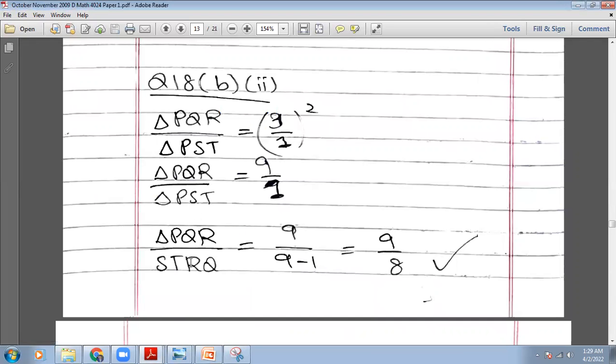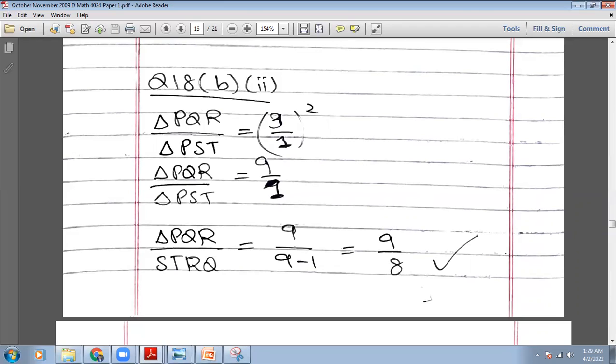Because they are similar, the triangle PQR is similar to the triangle PST, and we know the ratio of their heights. So the PQR has a height 3 and the PST has a height 1. So the ratio of the heights squared will be 9 by 1. From the full triangle, if you subtract the small triangle, you will have that STRQ.